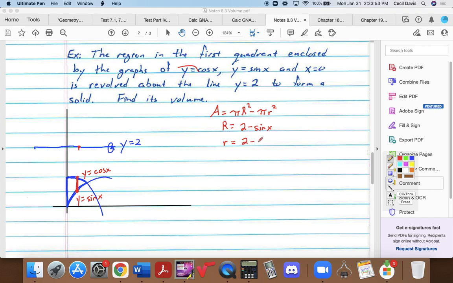So that'll be 2 minus cosine x. So the volume is the integral from 0 to pi over 4, because that's where those intersect, of pi times 2 minus sine of x quantity squared minus pi times 2 minus cosine x quantity squared.